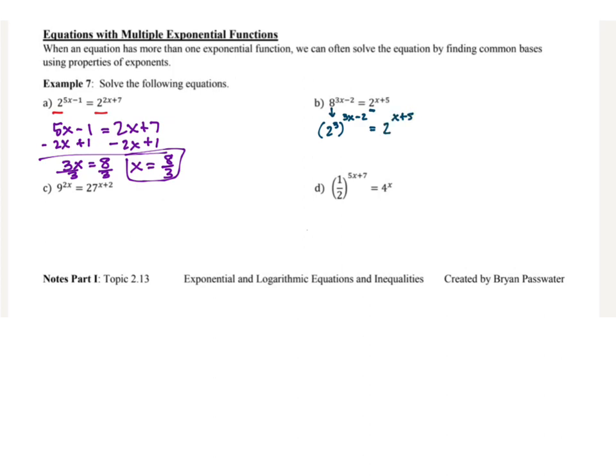I've almost got bases that are alike. Right? When I raise a power to a power, what's the rule? Multiply my powers. So now I'm going to take this 3 and distribute it through that parentheses. So 2 to the 9x minus 6 equal to 2 to the x plus 5.